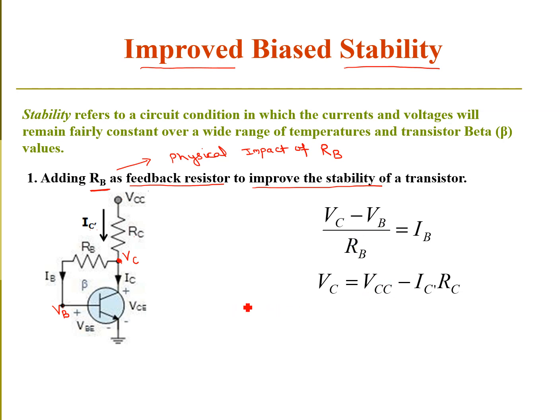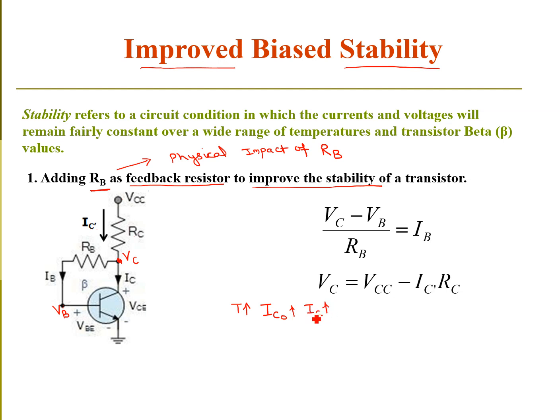We know that as temperature increases, the minority leakage current, which is ICO, increases. Because of ICO, IC increases.